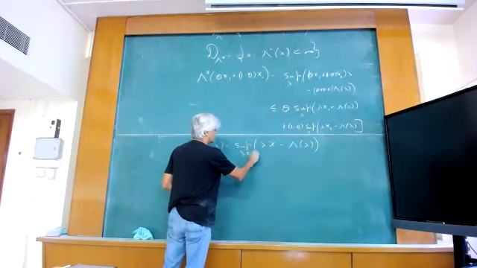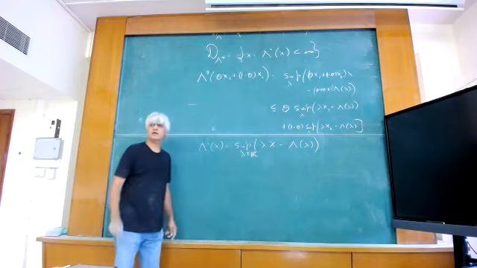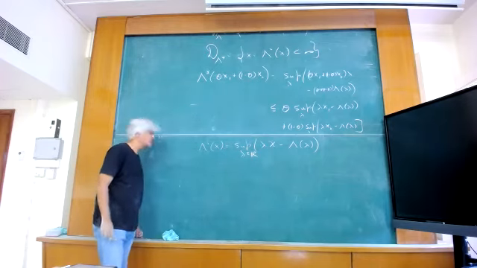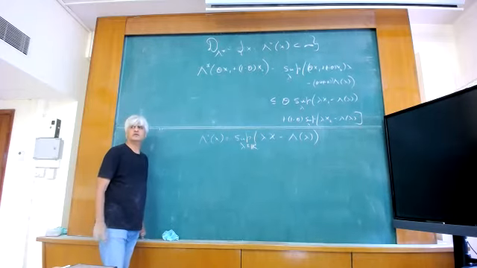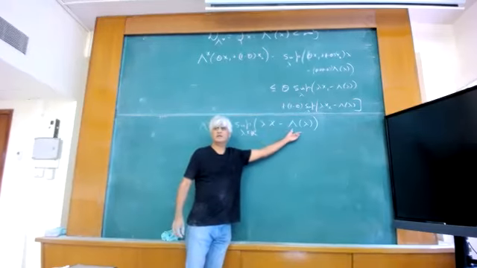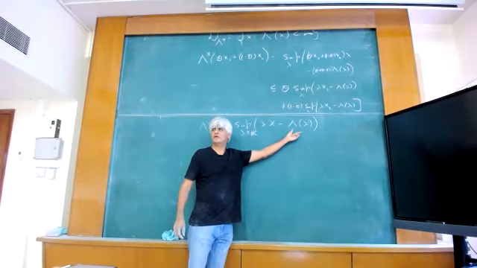So, is it clear that this is non-negative? Take lambda to be 0, right? This guy is 0, by the way, when you take lambda 0, the log moment generating function is 0.